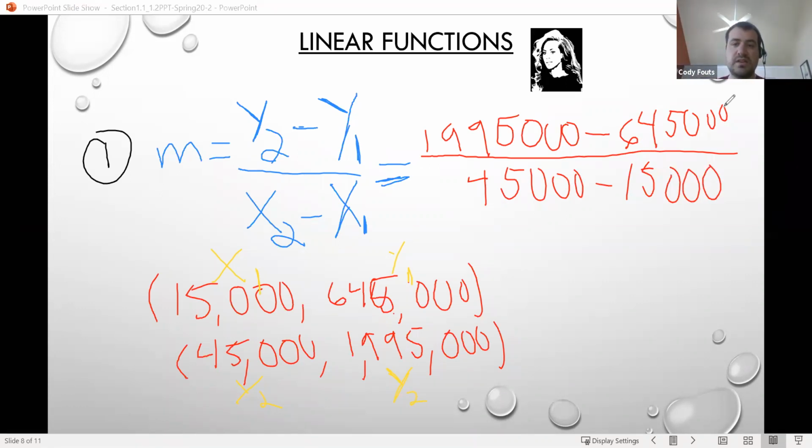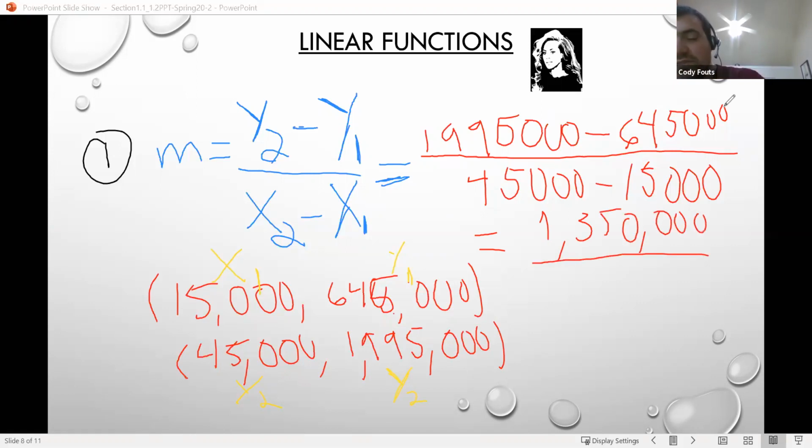Okay, and I'm going to pull out my calculator here to help me with this. So do that: 1,995,000 minus 645,000. I get on the top there 1,350,000 over 45,000 minus 15,000 gives us 30,000.